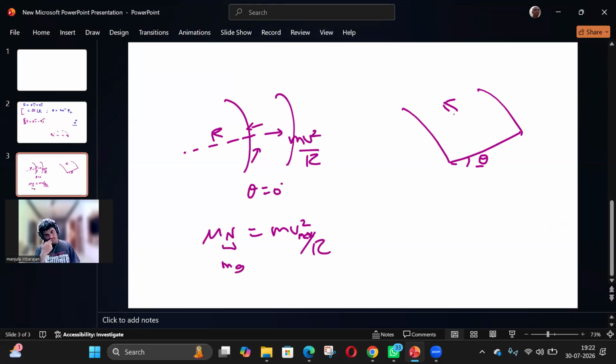When it is banked, weight is downwards and normal reaction is perpendicularly upwards. Sorry, mv square by r is radially outward, it's horizontal. So it will have a component along this one.